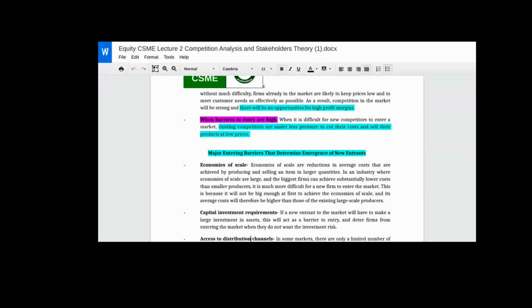Two, capital investment requirement. If the cost of investment in that industry is high, it will serve as a major barrier, a hindrance to their emergence. Like for instance, in the scenario we treated in class yesterday, we are told that the majority of new entrants are unable to come into charter flight because of huge initial capital outlay requirements.